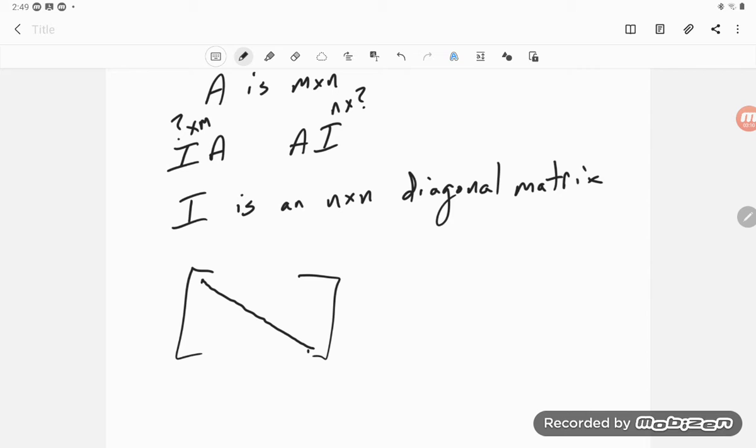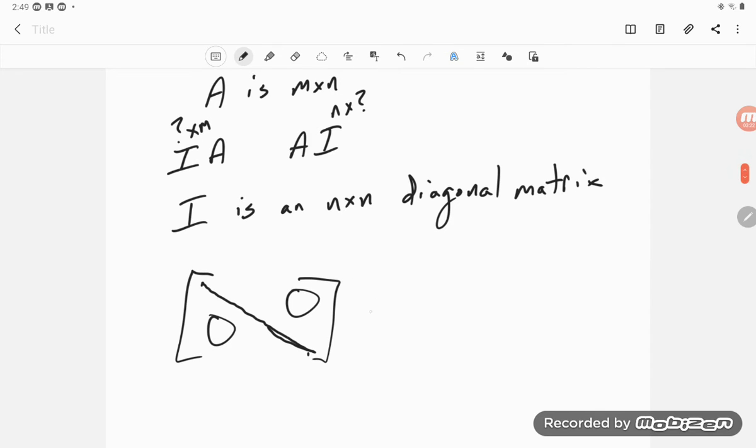So it's an n by n diagonal matrix, and by diagonal we mean it's got that, but then everything else, all that stuff's zero, with all ones in the diagonal.